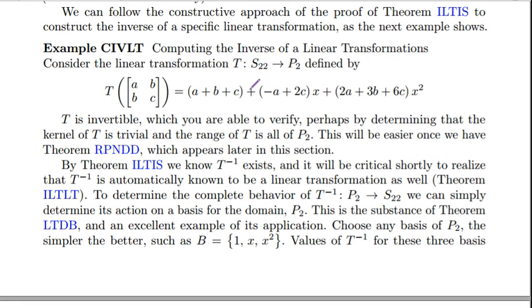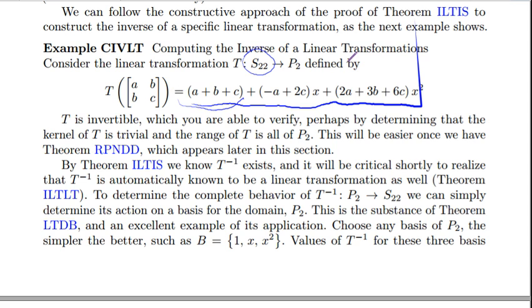All right, now, suppose you have a linear transformation like this, and you want to compute the inverse. The inverse is going to act on polynomials, because T takes matrices to polynomials. The inverse will take polynomials back to matrices. Notice that the domain is not all 2 by 2 matrices. It's simply the symmetric 2 by 2 matrices.